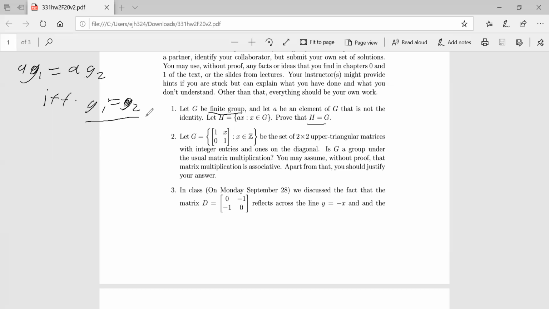So if every single element is going to give us a different element of G, because it's closed under whatever our operation is, then just by the pigeonhole principle, H is going to be a subset or a subgroup of G and it has the same size as G, so H has to be equal to G. So that's the basic intuition underlying this.